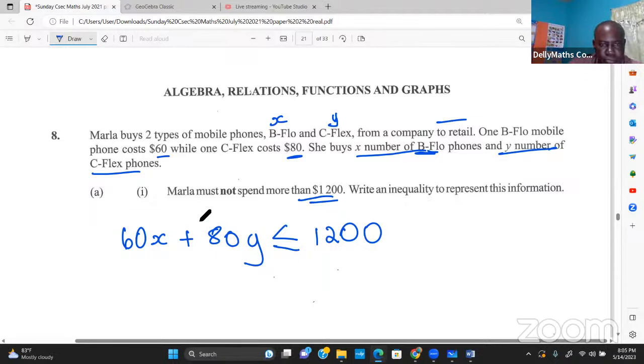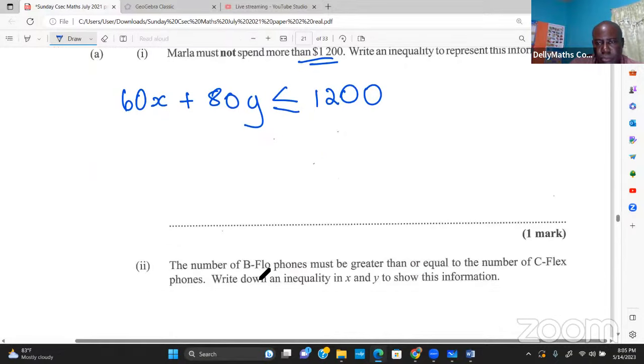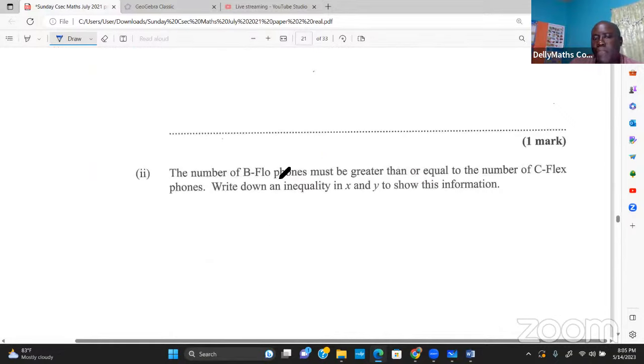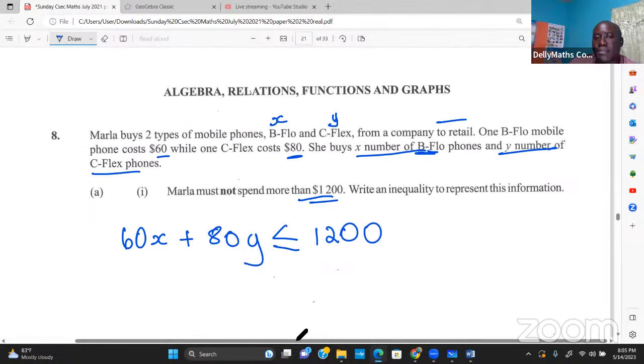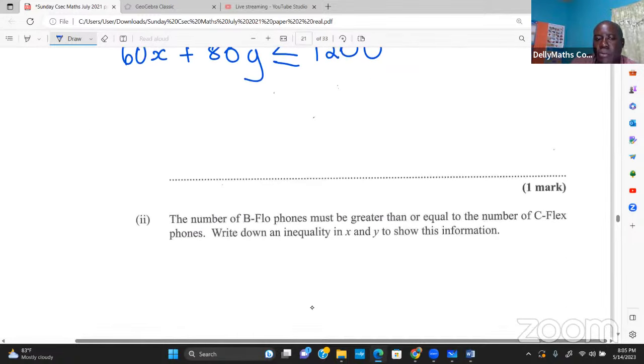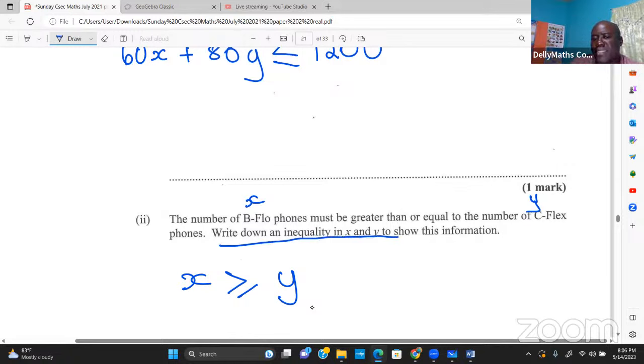Let's continue. The number of B-Flow phones must be greater than or equal to the number of C-Flex. B-Flow is X and C-Flex is Y, so X must be greater than or equal to Y. When you're writing an inequality, it's based on the information right there.